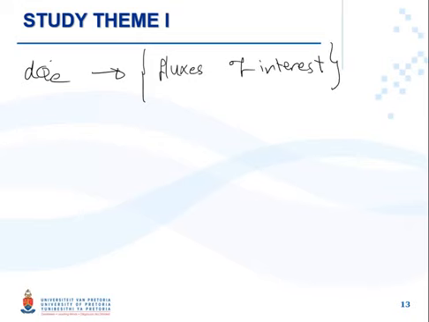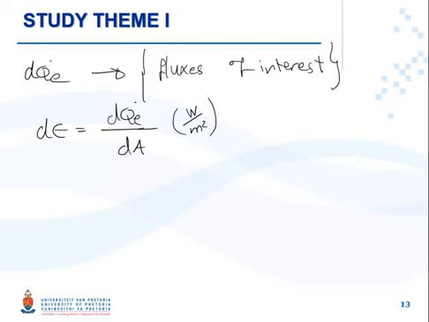So for emissive power, dE, we can say that it is equal to dq dot E divided by dA. So q dot of emission divided by dA is the emissive power, basically.